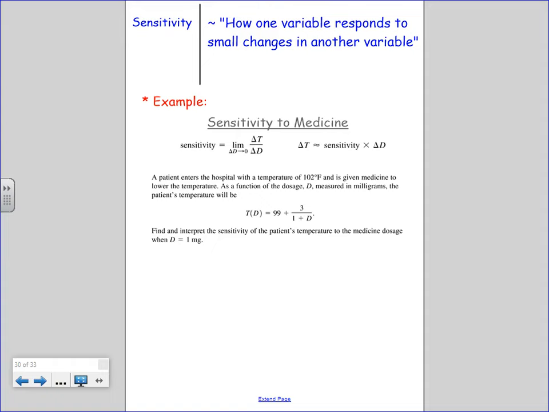How do I figure that out? Plug in 1, 2. So we go from 0 to 1. If I want to find sensitivity, what do I need to do?